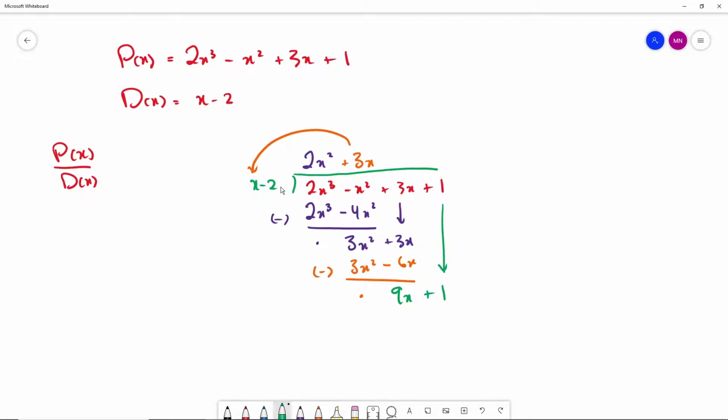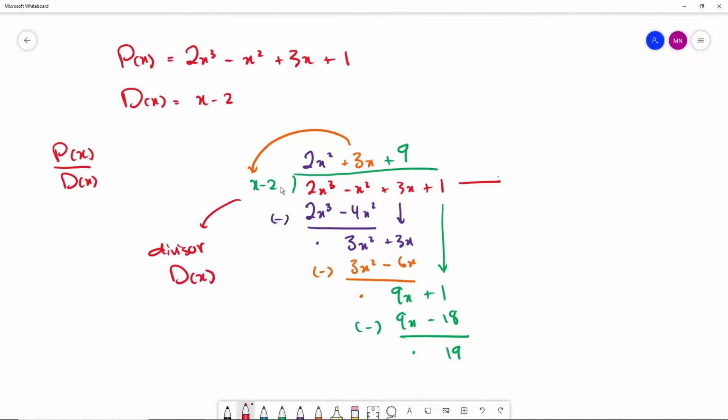Okay, so next we multiply with 9, so it becomes 9x minus 18. Operation of minus, 0, and we get 19 here. There is nothing left that we can bring down, so that is our solution. As we can see here, this is our divisor represented by D(x).